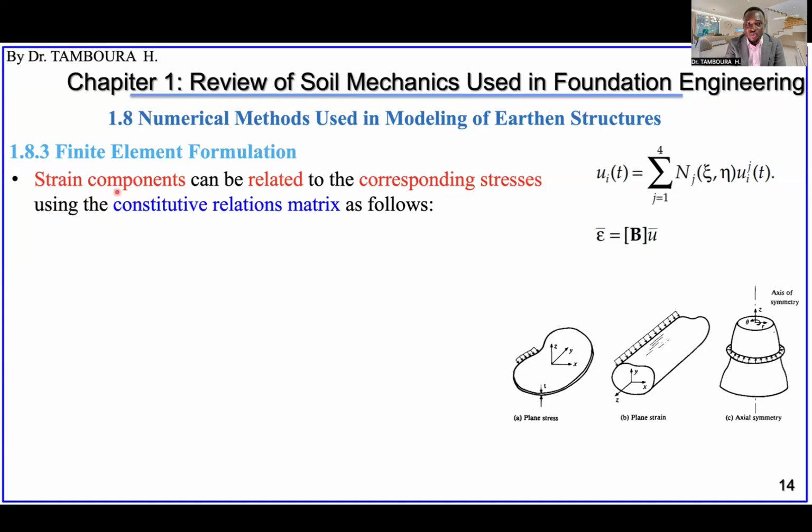The strain component can be related to the corresponding stress. This is advanced soil mechanics. I don't think a bachelor degree student understands this very well, because this is advanced soil mechanics.